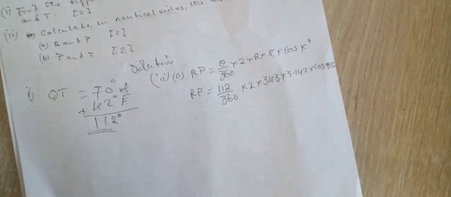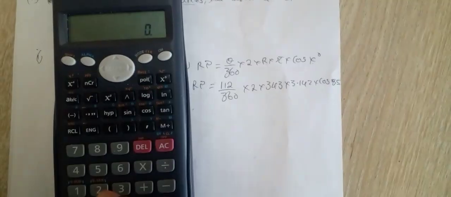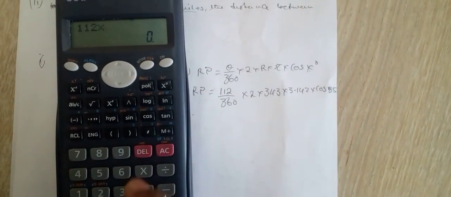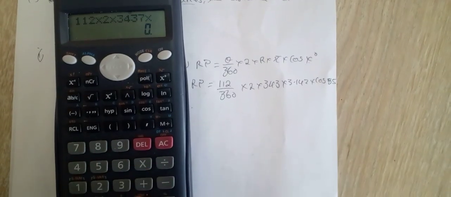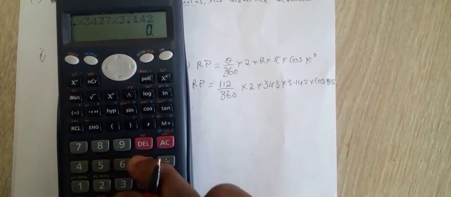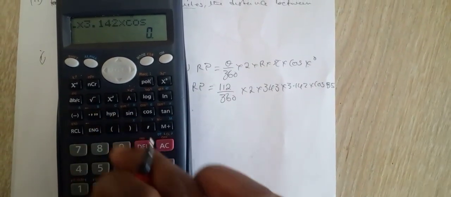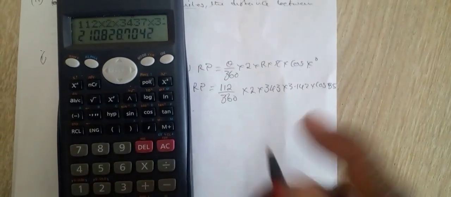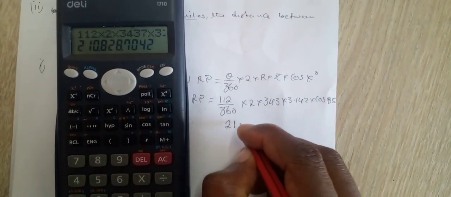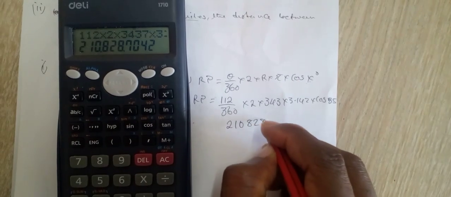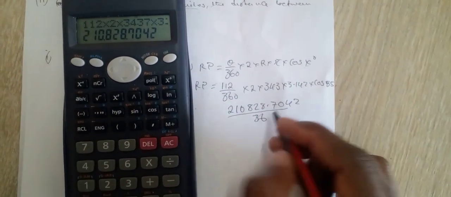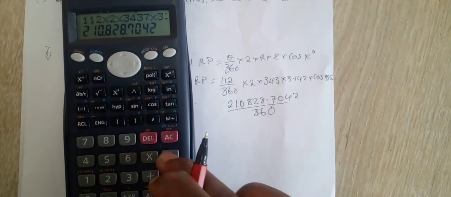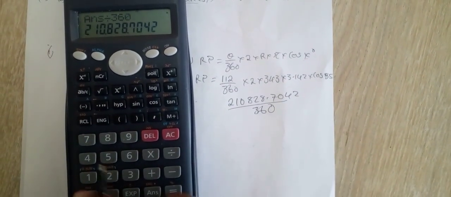Once you do that, just get your calculator and punch everything in, which is going to be 112 times 2 times 3437 times 3.142 times cos 85, which gives you 210,828.7042. Then divide by 360. What do you get?